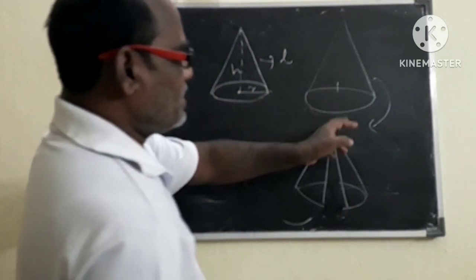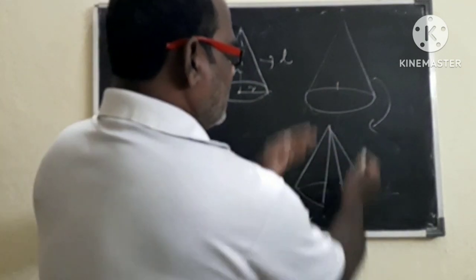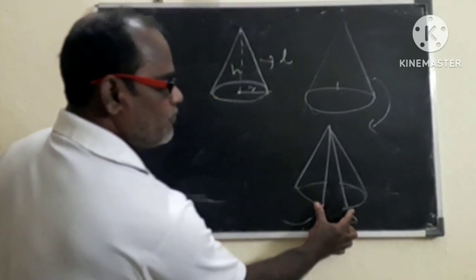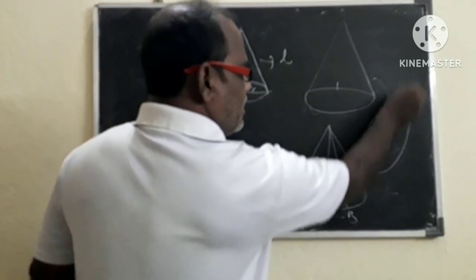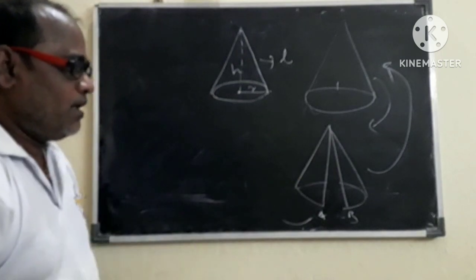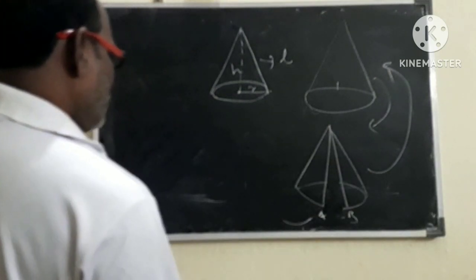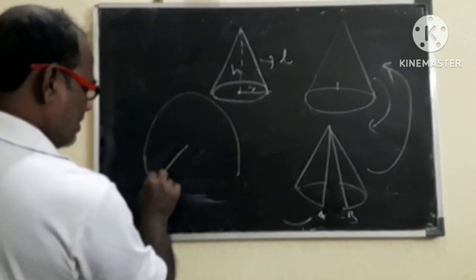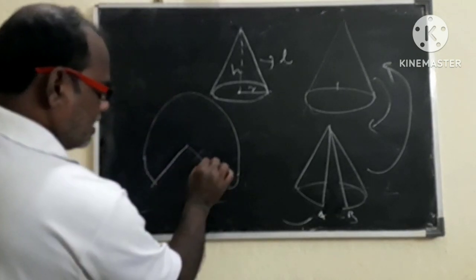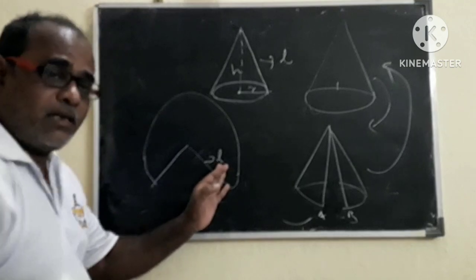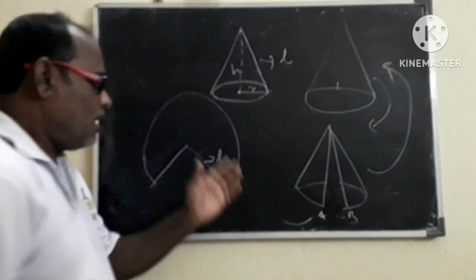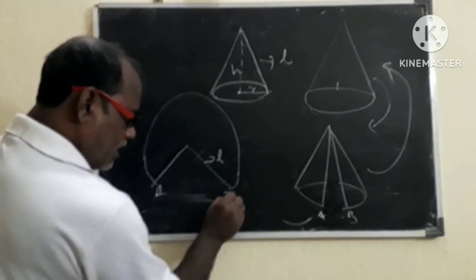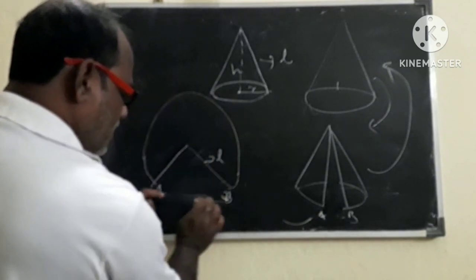Suppose you have made the cross section from this point, then this becomes apart and these become the points A and B. If you join these points A and B, it will turn into the cone again. So once you do the cross section, we get the total cone in the form of this, where this is the slant height L. Suppose it's the same thing, if you join A and B, it becomes a circular shape.